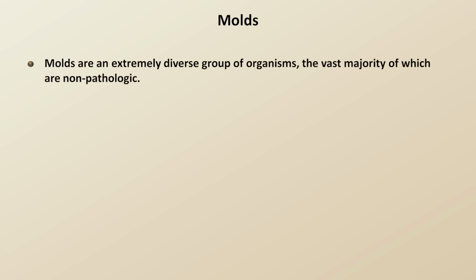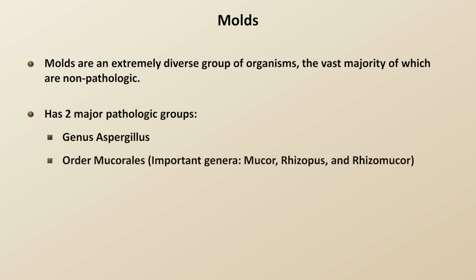Let's move on to molds. Although they all seem to look more or less about the same macroscopically to the eye, they are actually an extremely diverse group of organisms. The vast majority of them are actually non-pathologic. Most pathologic species fall into 2 specific groups, the genus Aspergillus and the order Mucorales, which includes genera Mucor, Rhizopus, and Rhizomucor.